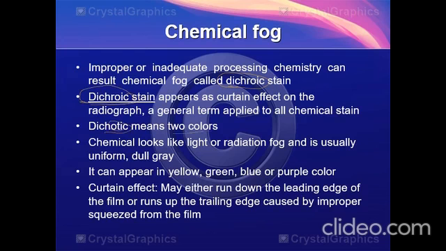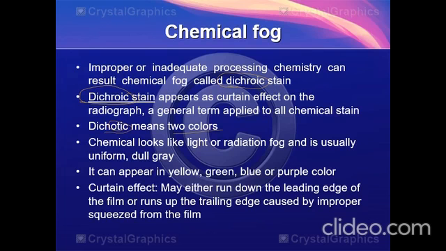Dichroic means two colors because usually the color of the dichroic stain that we see on the radiograph is either orange or yellow or brownish. The chemical fog looks like light or radiation fog and is usually a uniform dull gray. So the appearance of chemical fog is also the same as the appearance of light fog or radiation fog.